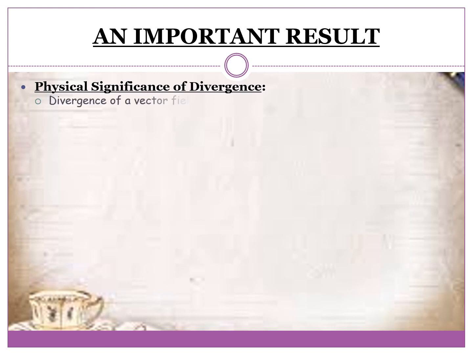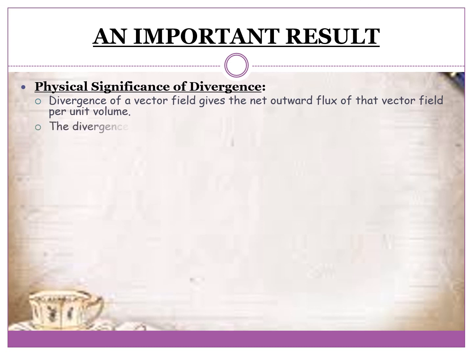Now we discuss an important result which we can draw from the physical significance of divergence. As you know, the divergence gives the net outward flux of a vector field. In case of fluids, it gives the net outward flux of the fluid. The divergence of a vector field gives the net outward flux of that vector field per unit volume.